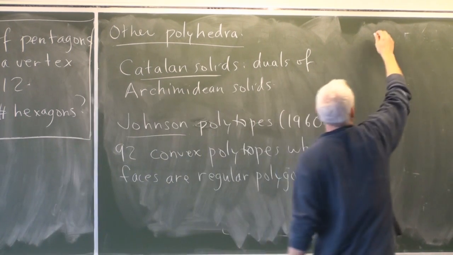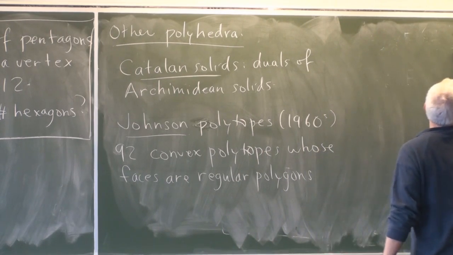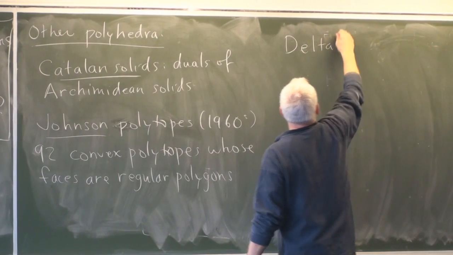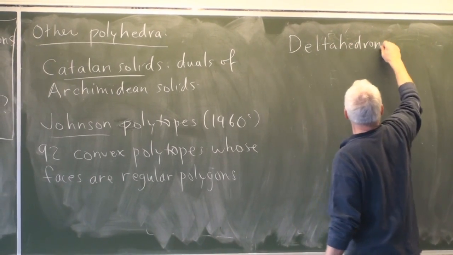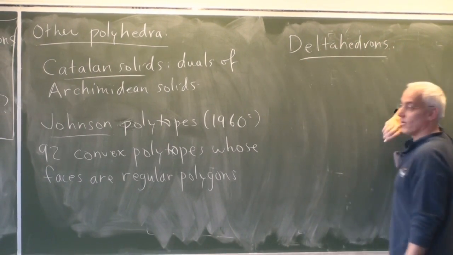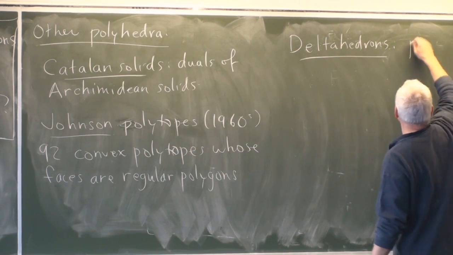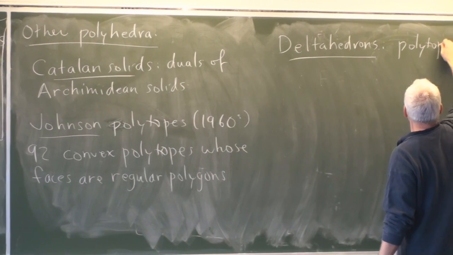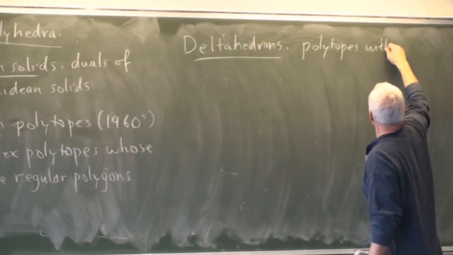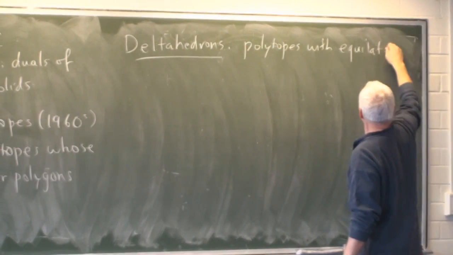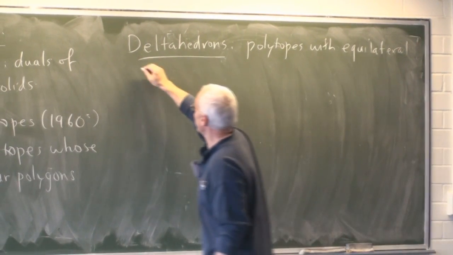Another interesting family are, I think they're called deltahedrons. These are solids made only of equilateral triangles. Polytopes with equilateral triangle faces.